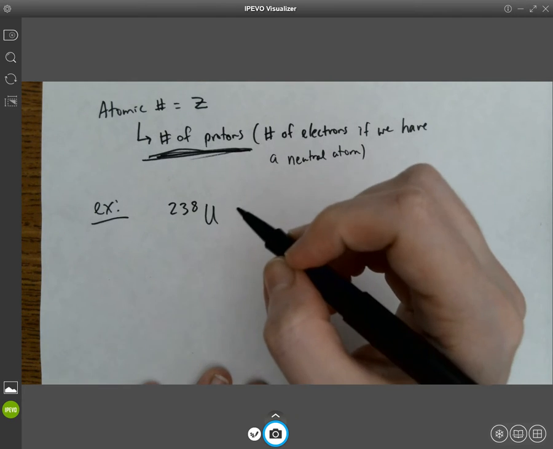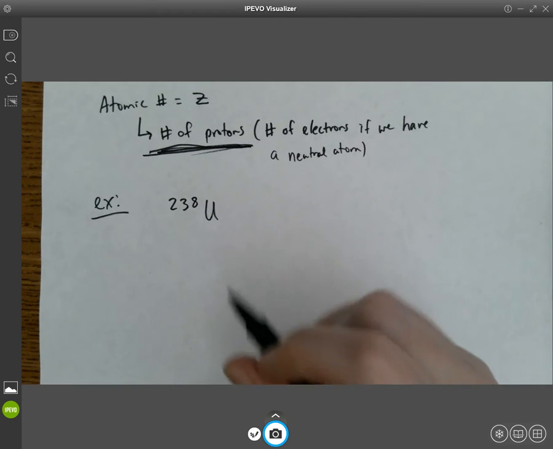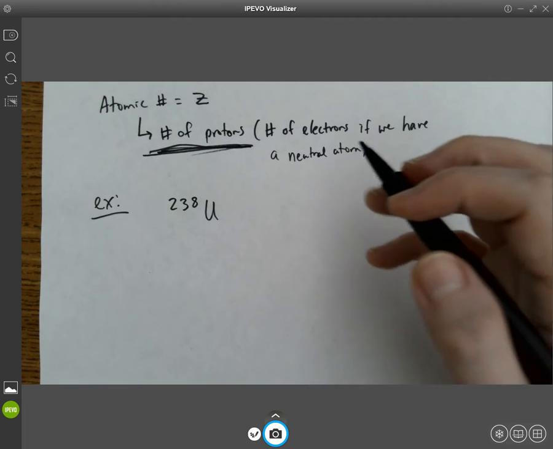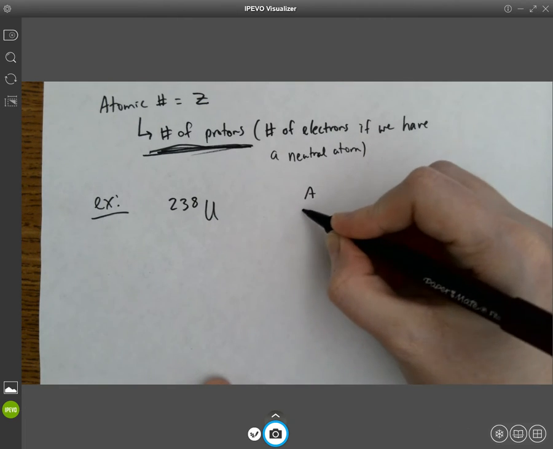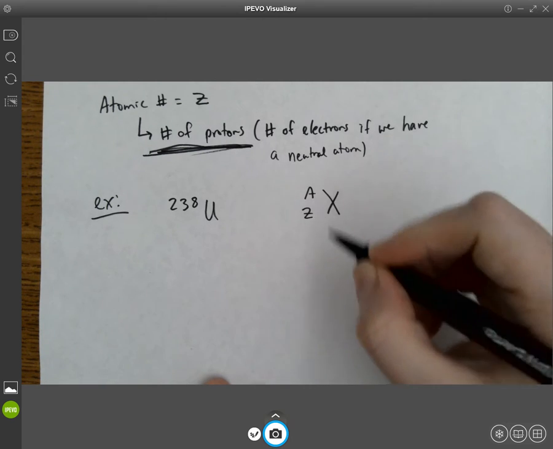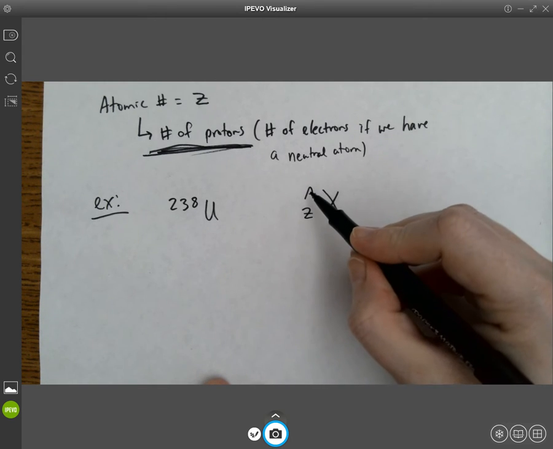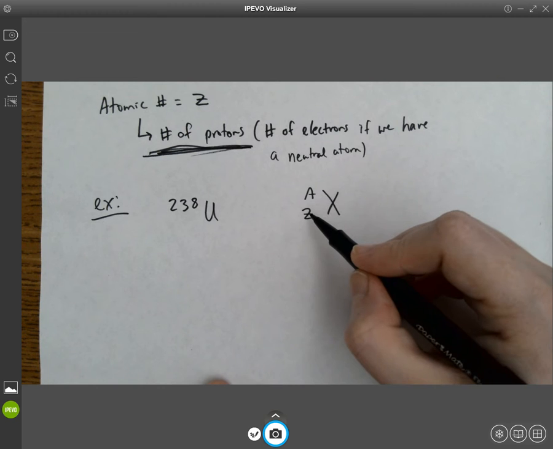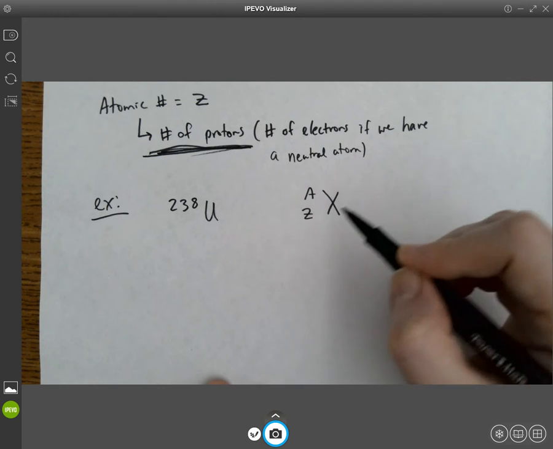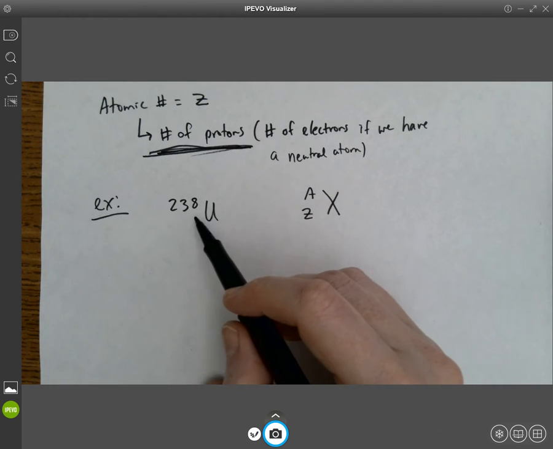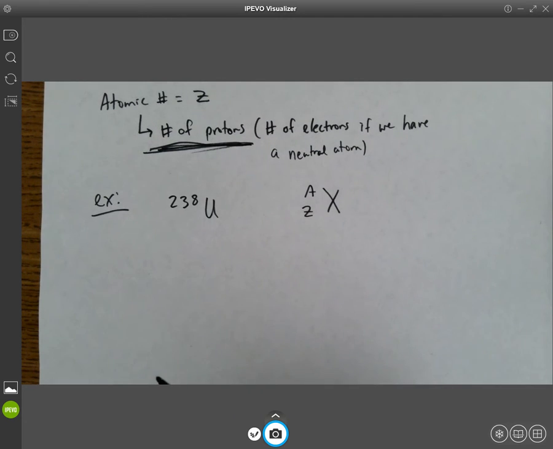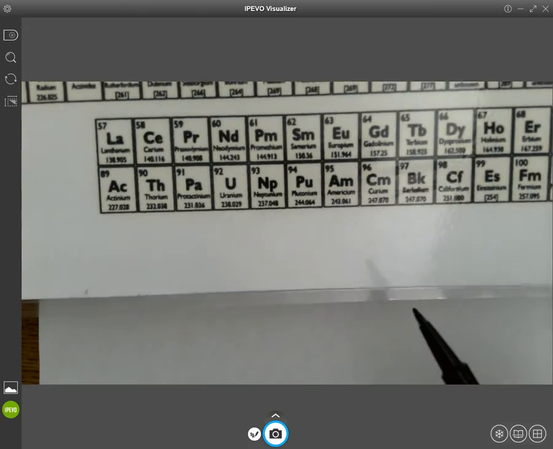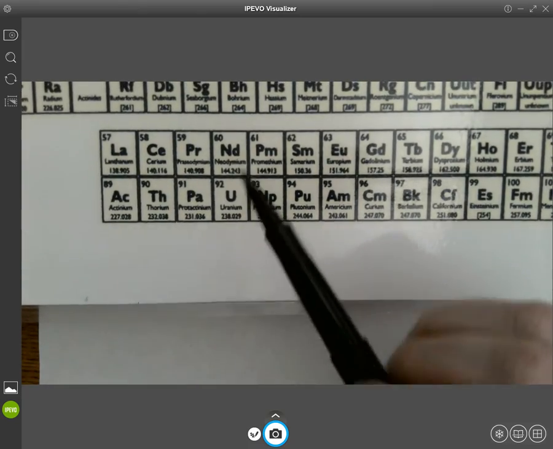Okay, so uranium 238, and let me also clarify this, we have our A and Z will be written like this. So A again is our atomic mass, Z is our atomic number, X will be our element symbol. So we have 238, and then we have uranium here. I'm not going to give the atomic number because we can just find that on the periodic table. So we need to get familiar with using that.